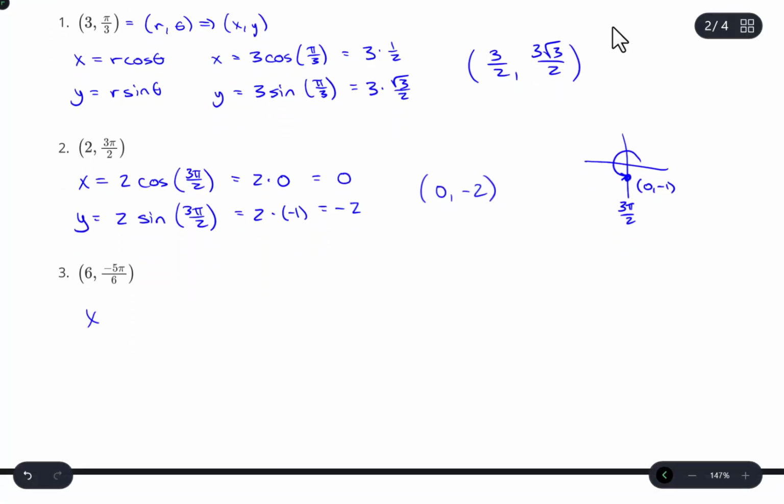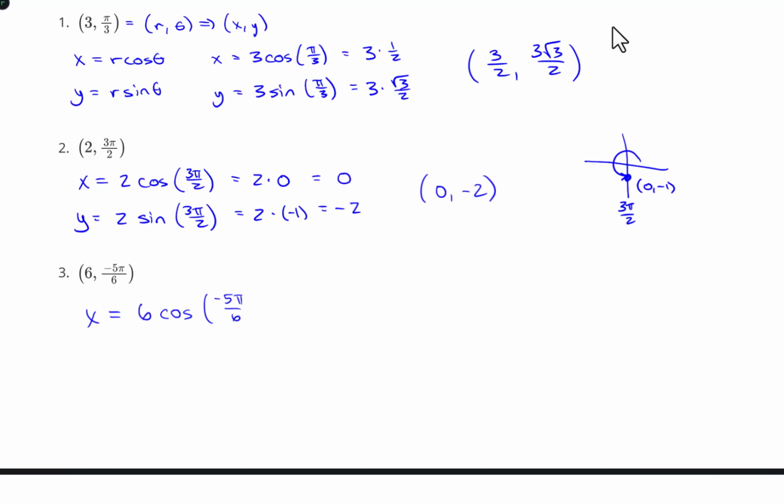Lastly, we would get the x value of this coordinate by doing 6 cosine of negative 5 pi over 6. Or, of course, you could transform that into an equivalent value within the range of 0 to 2 pi, and it might make it easier.